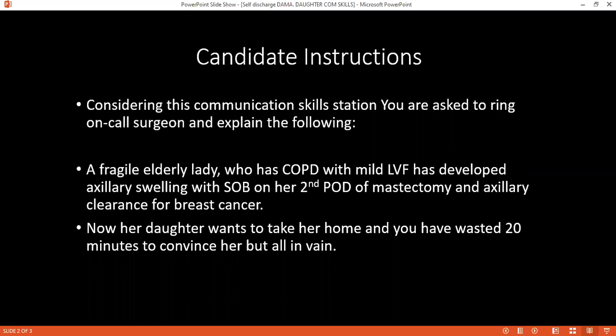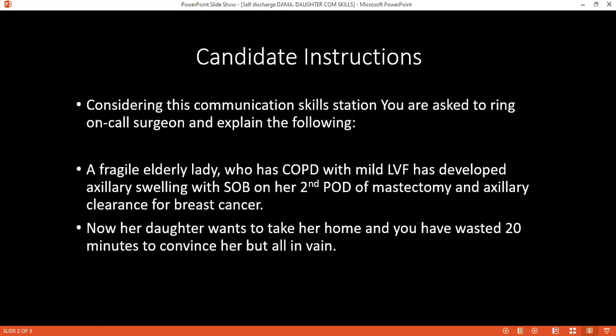Okay. Is the patient alert enough to make her own decision, doctor? The mother is too fragile. The patient is not able to make her decision, but her daughter is persuading that they want to go home. Okay.